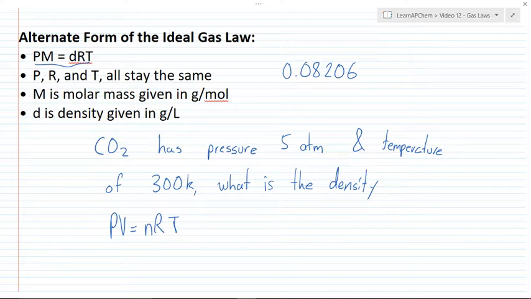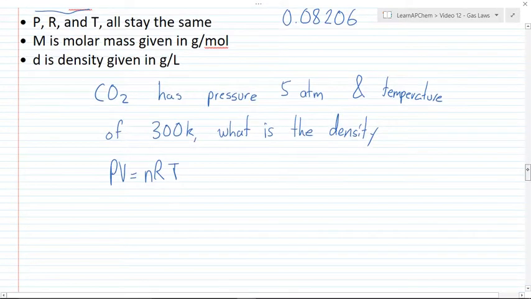This is a really important shortcut to know, that PM equals DRT.